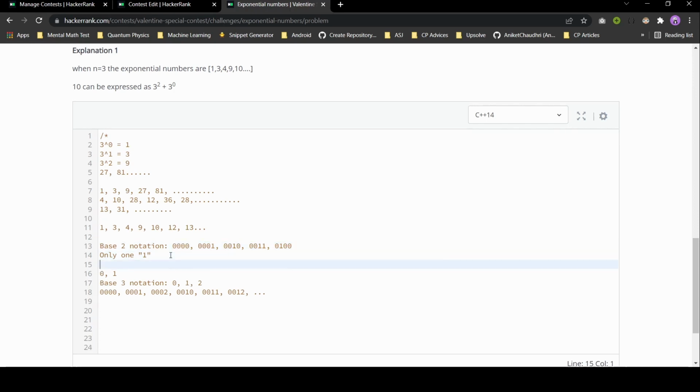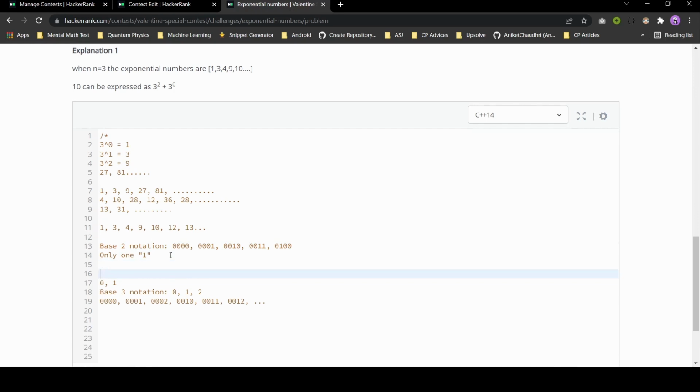Because when we convert any base notation into a decimal number, we start from the lowest index and multiply each digit with 2 to the power of the index we are on. Index here is the index number.